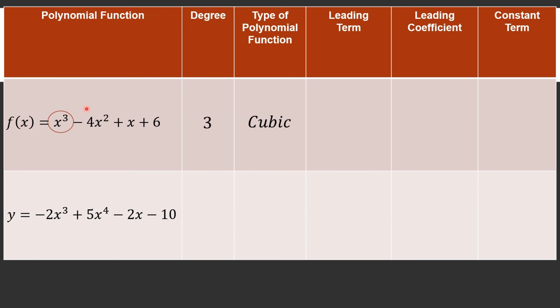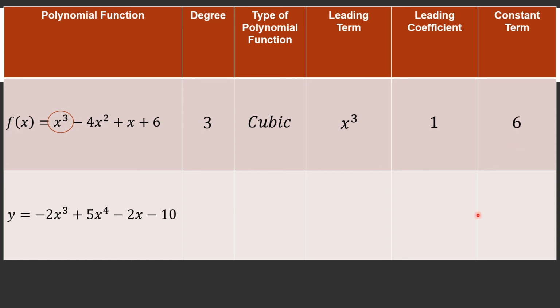The leading term is the term that consists of the highest exponent or the degree, and that is just x cubed. How about the leading coefficient? It is the number on the left side of x for this leading term, x cubed. Since you have no number, it is understood that it is an invisible 1. Next would be the constant term. From this function, the constant term is positive 6.